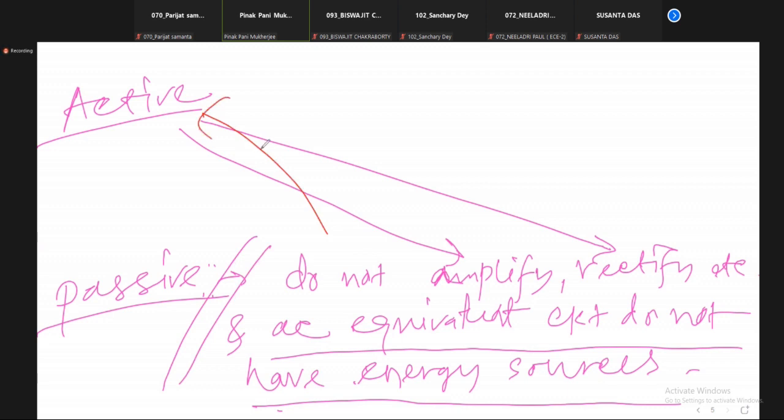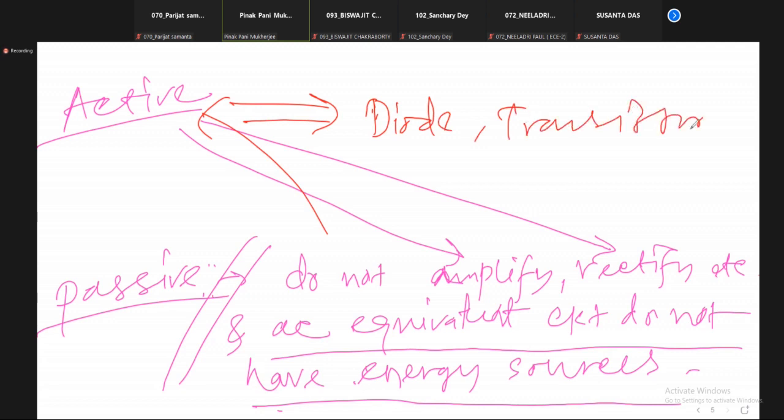The circuit elements which amplify, rectify, etc., and whose AC equivalent circuit has energy sources are called active circuit elements. Examples of active circuit elements are diode, transistor, op amp, and the passive circuit elements are R, L, and C.